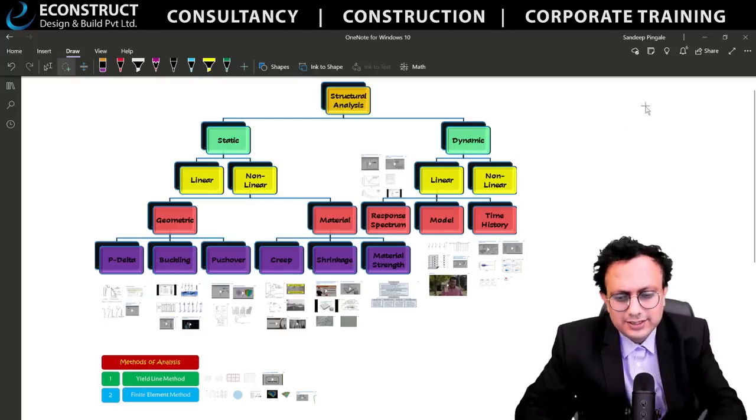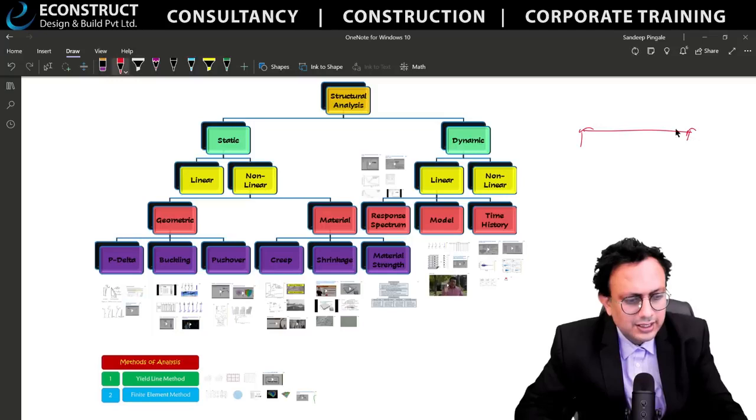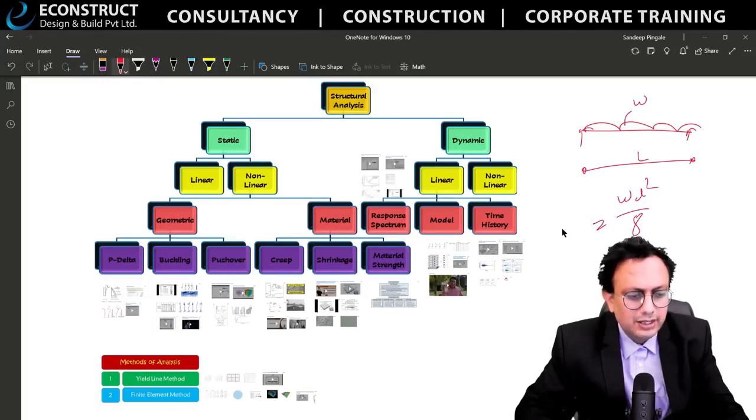If you take the simple line diagram, let's say for example, if this is the case, you are having certain load here and this is the length, and this is the W, okay, the WL square by 8, so that is the bending moment diagram, right?